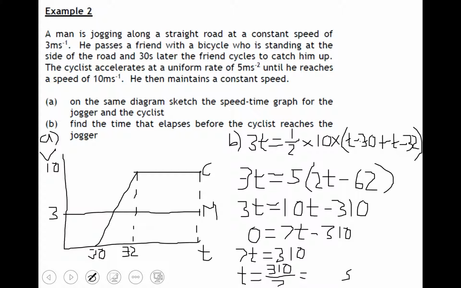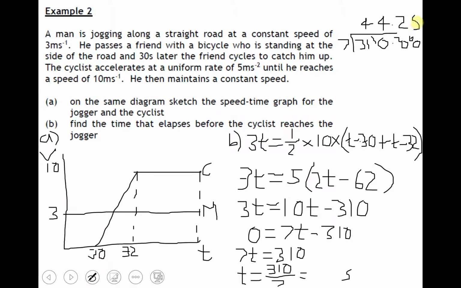I haven't got a calculator to hand, obviously you can use the calculator in the exam. 7 into 31 goes in 4 times, into 30, 4 times, remainder 2. 7 goes into 20 twice, remainder 6. 7 goes into 60 8 times.